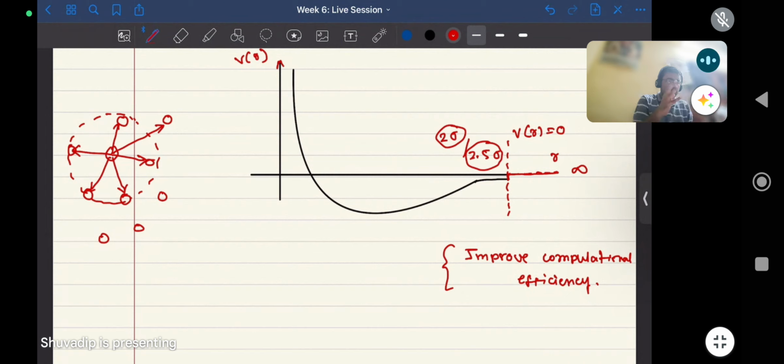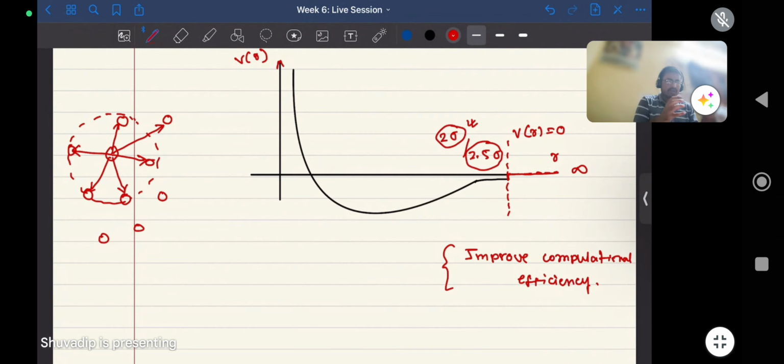So for a particular molecule, you fix the center of a sphere on that molecule and consider a hypothetical sphere around that of radius 2.5 sigma or 2 sigma. And if some molecule is inside that radius, then you calculate the pair distance between those two molecules, and the interaction strength between those pair.